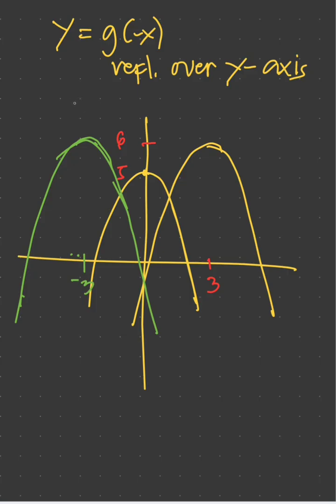So the vertex would become negative 3, 6. All right, because we reflect the graph over the y-axis. You got that? Can you move to the next page?